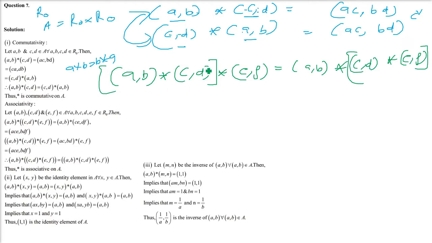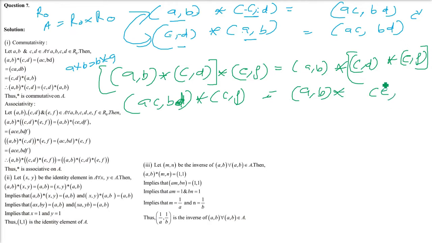So (A, B) star (C, D) will give you (AC, BD), and here we have star (E, F). On the other side we have (A, B) star, and what do you get inside? (CE, DF).